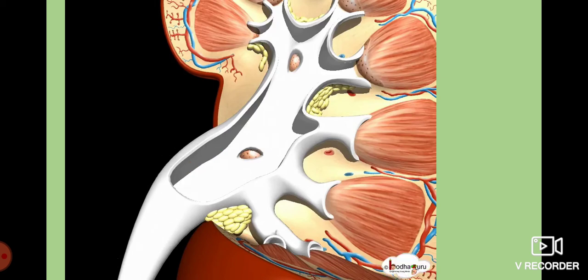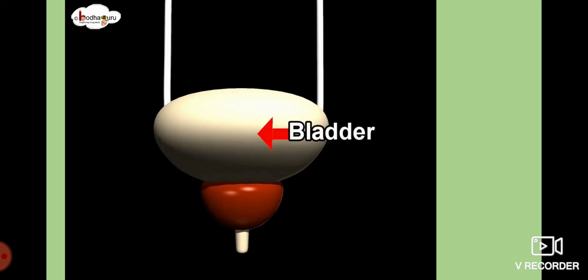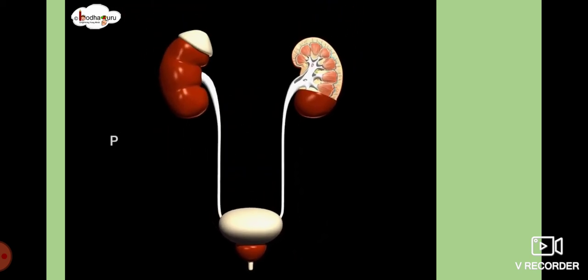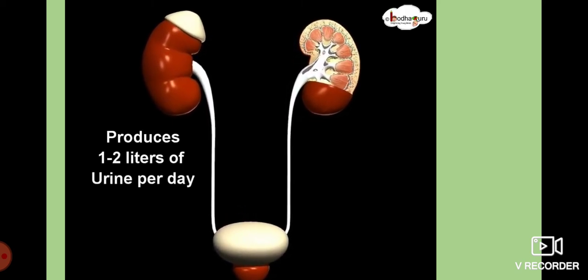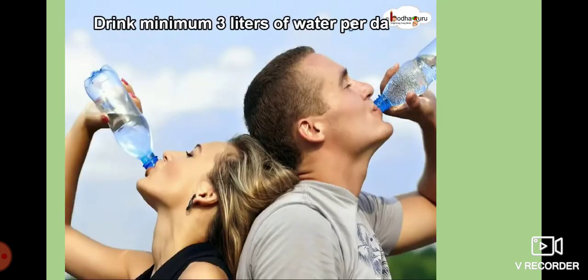Ureter originates from the renal pelvis. Ureter carries it to the bladder for storing until the person urinates. Thus, the kidney processes around 180 liters of blood per day, producing 1 to 2 liters of urine, assuming you drink a minimum of 3 liters of water per day.